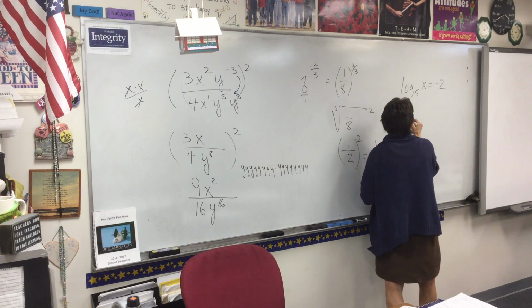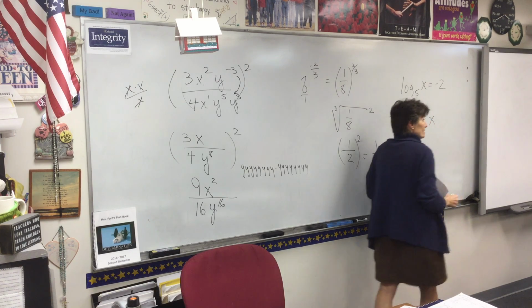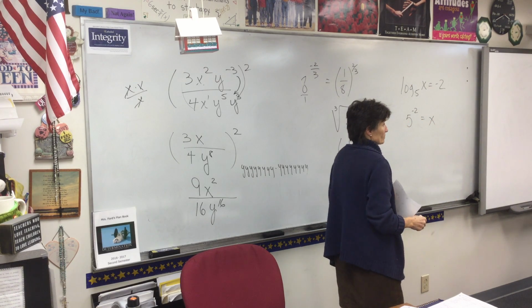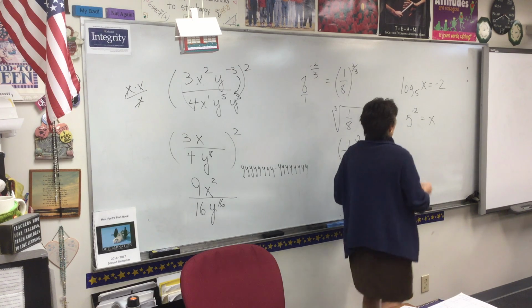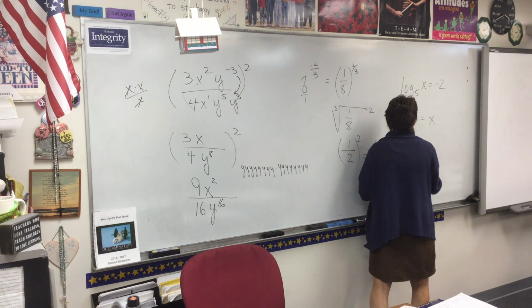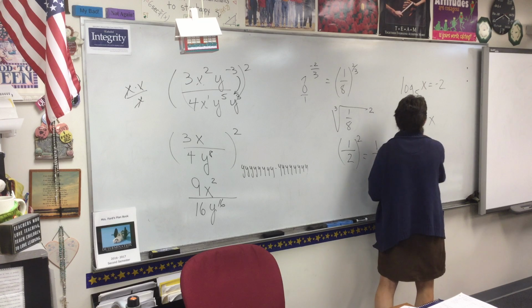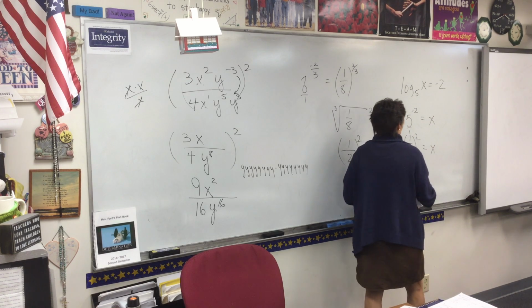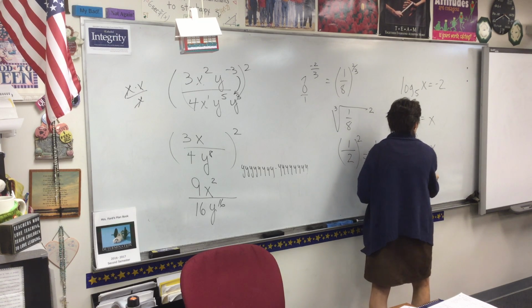What's 7 say? 5 to the negative second equals x. Oh, you're talking about that. That's going to be 1 over 25, right? 1/5 squared. Flip it, flip it, flip it. And that's 1/25. Yeah.